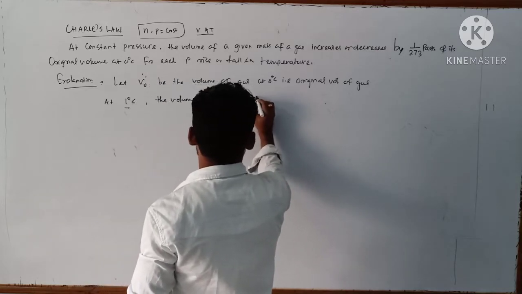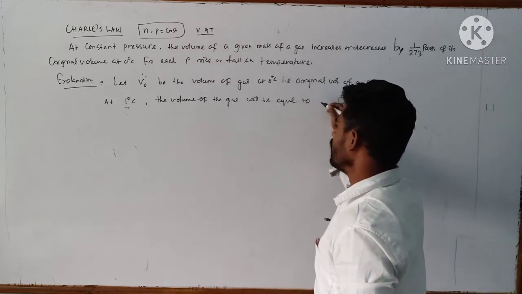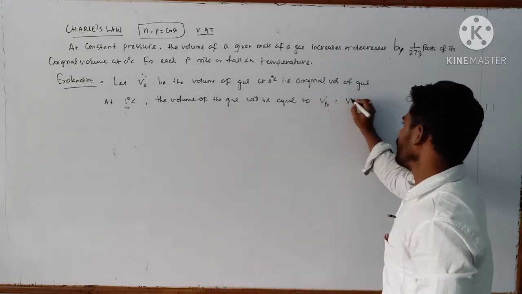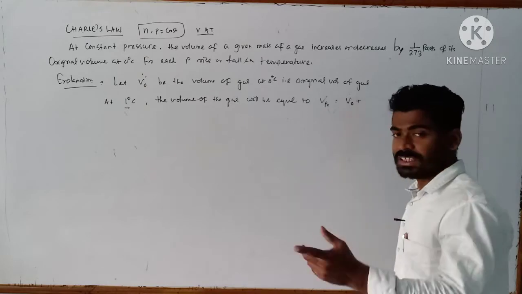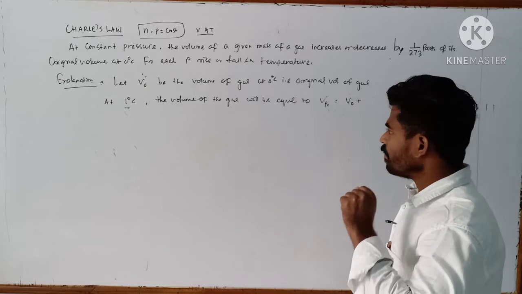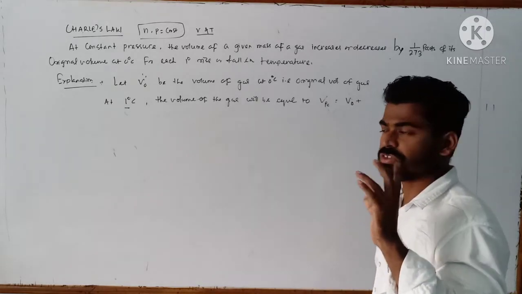V at 1 degree centigrade, that will be V naught plus the increase. For 1 degree rise in temperature, the volume also increases by 1/273 parts of its original volume.